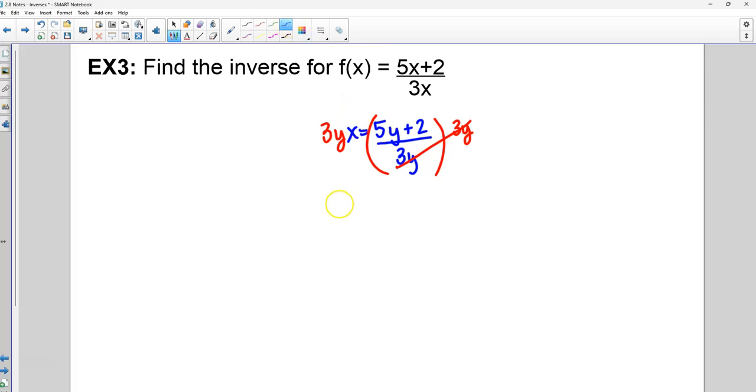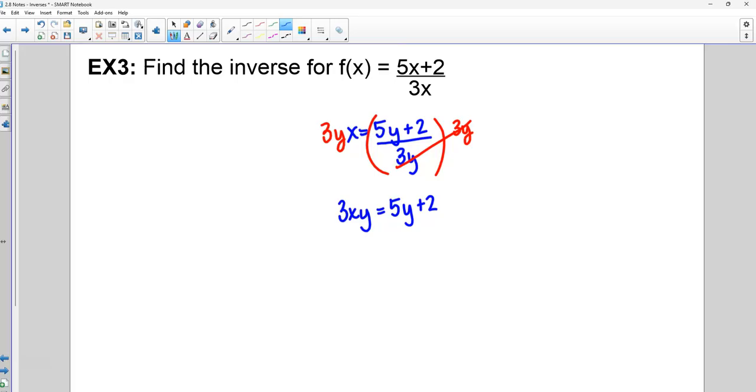So I've got 3xy equals 5y plus 2. Now, can I subtract 5y? Can I take 3xy and subtract 5y? They're not like terms because of that x, right? So it's not going to be as simple as just subtracting this over and putting those together.